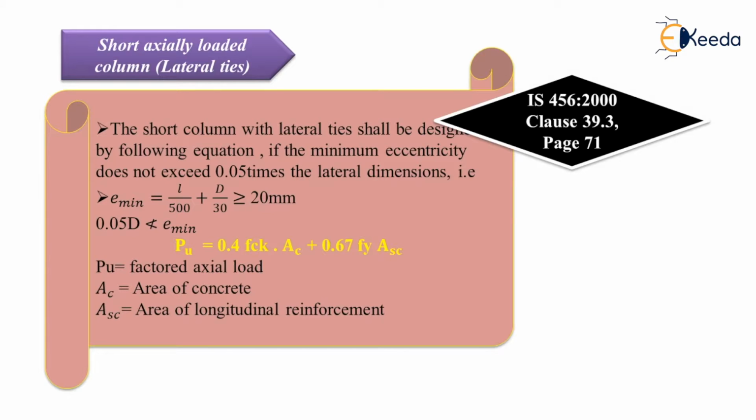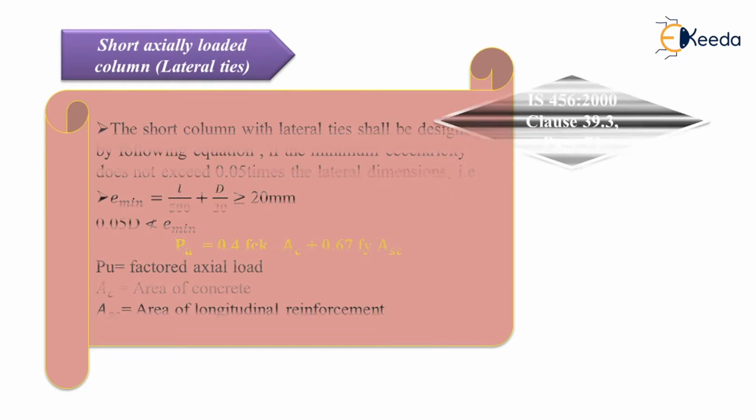fck is the characteristic compressive strength of concrete. Ac is the area of concrete here. Asc is the area of longitudinal reinforcement, and fy is the characteristic strength of compression longitudinal reinforcement. Okay.